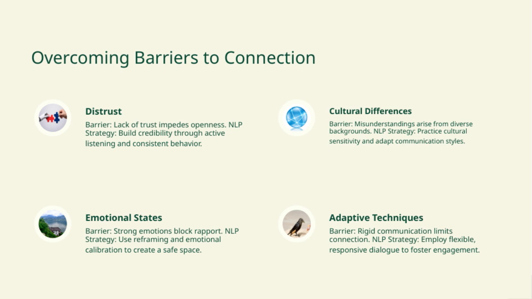Next, emotional states can pose a significant barrier. When strong emotions take over, they can block rapport and understanding. To navigate this, we use reframing, helping the other person see things differently, and emotional calibration, which means tuning into their emotional cues to create a safe, trusting space.